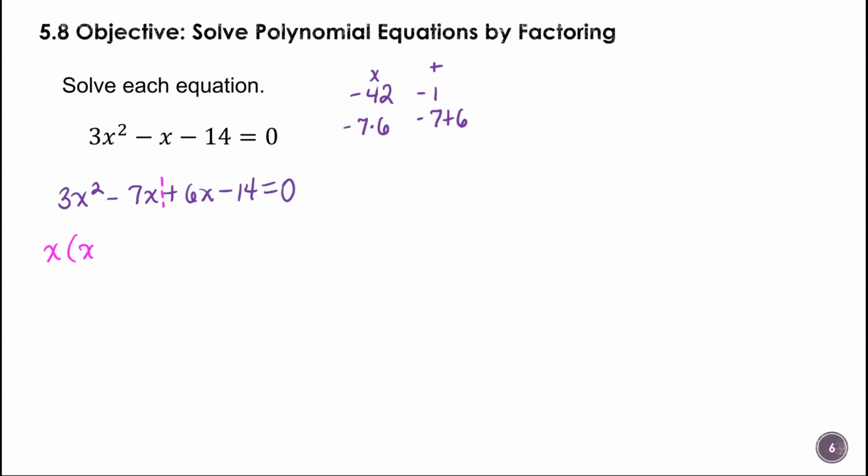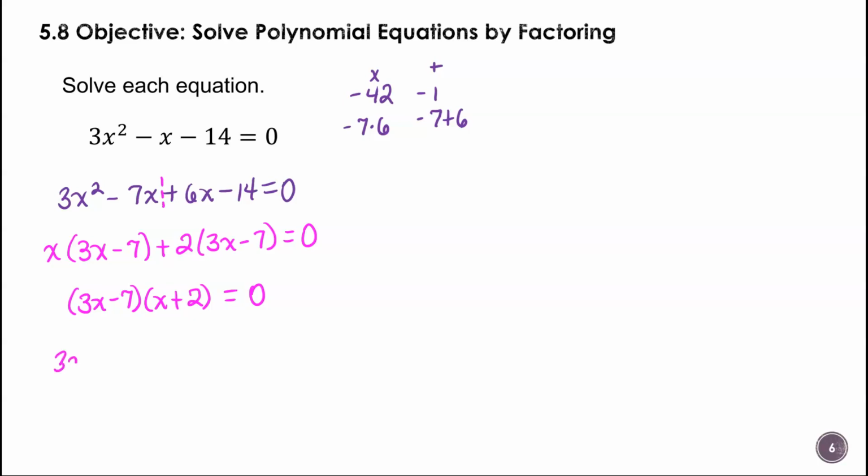And when I factor that out, I'm going to have x times 3x minus 7. And then the second two have a common factor of 2, and that leaves me 3x minus 7. In factored form, this will be 3x minus 7 times x plus 2. Remember that you are factoring out your common binomial of 3x minus 7, and then the remaining binomial will be x plus 2.